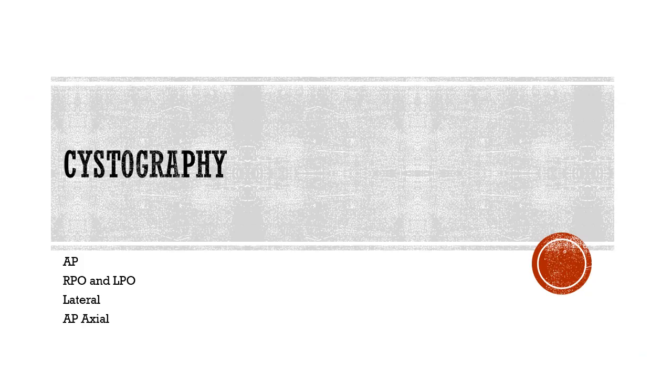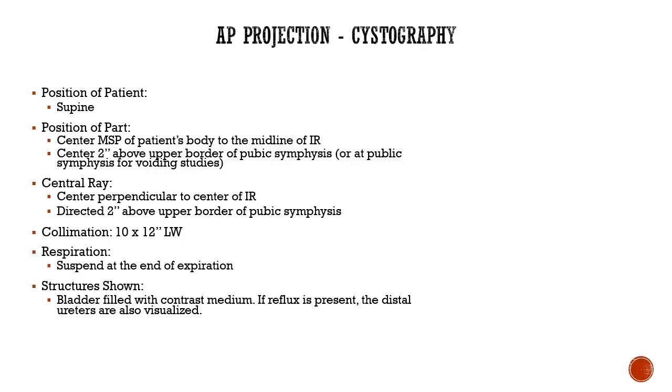So let's begin with cystography, in which there's an AP, RPO, and LPO, lateral and axial projections that can be performed. For the AP projection cystography, the patient's going to be supine. We're going to center the mid-sagittal plane of the body to the midline of the image receptor.